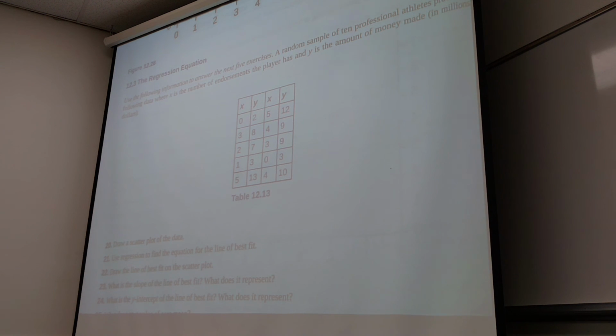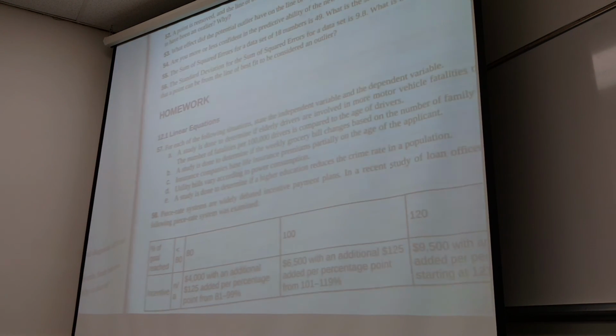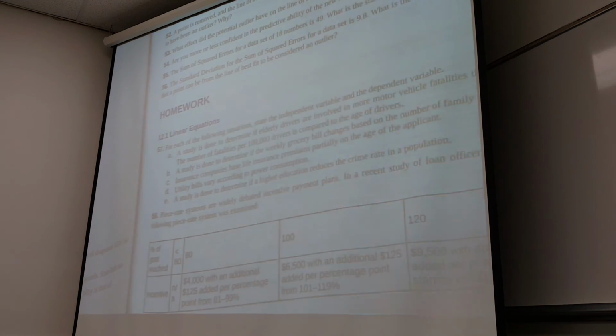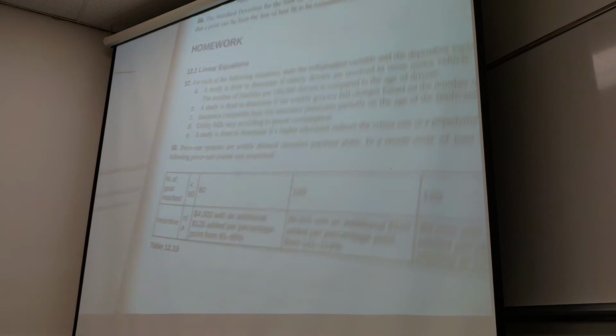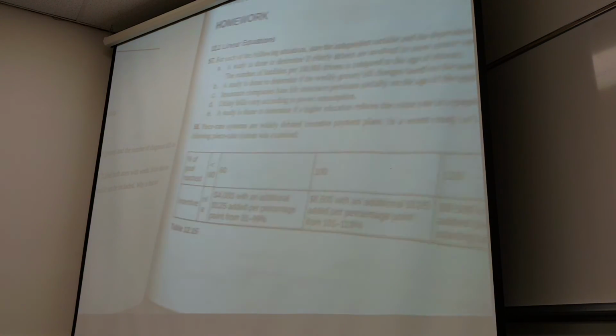Okay. Yes? Say again? 58? Oh, yeah. Okay, good. Let's see if I can force this in there. All right, that's all we need to be able to see. So 58 really is on the next page.